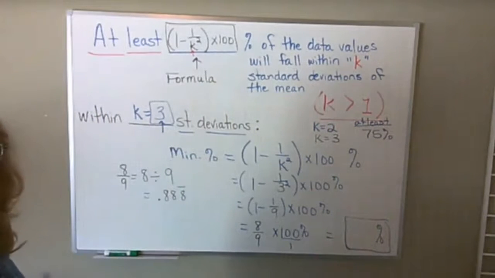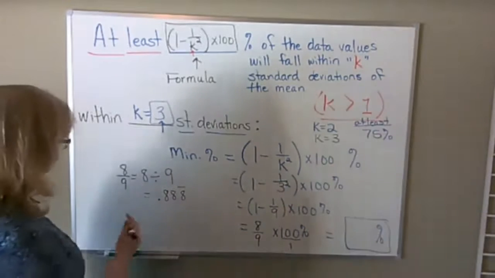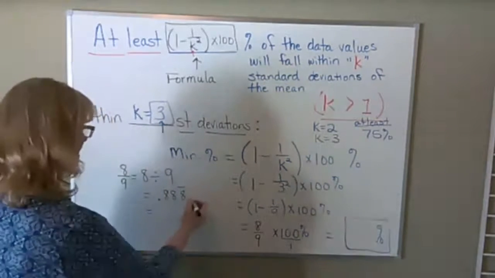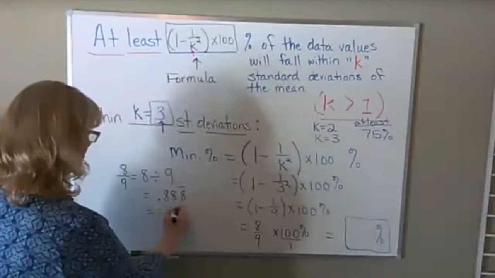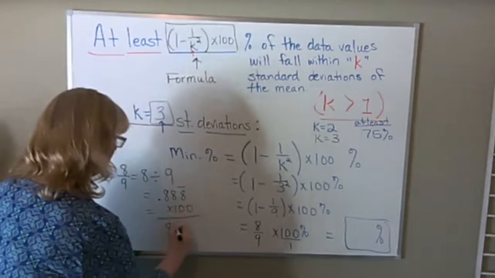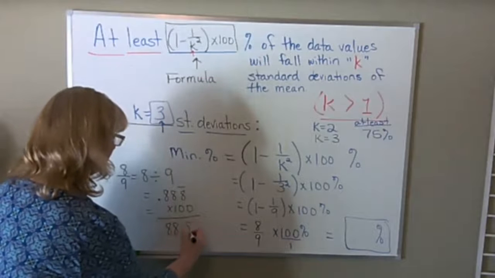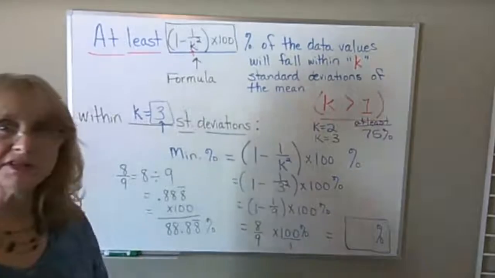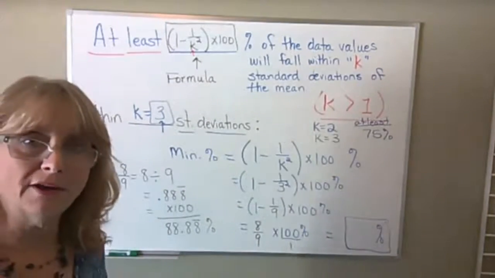So then if we wanted to multiply that by 100, that's going to move the decimal point over 2 places. And that would be the percent, and they would tell you what they want you to round to.